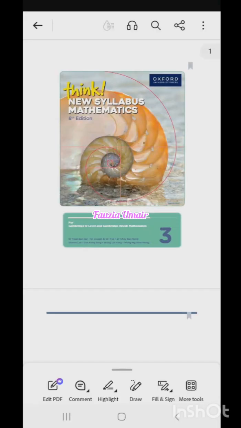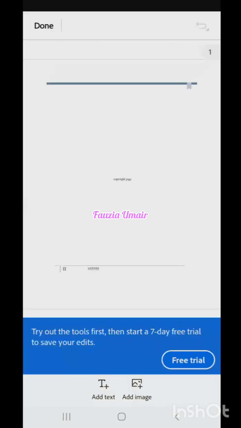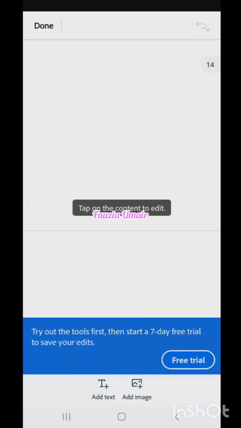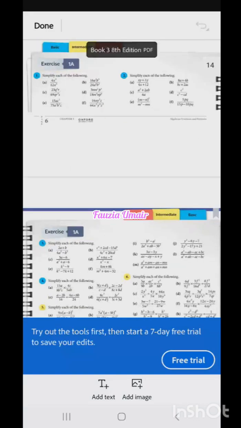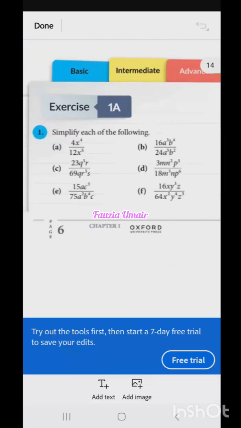Let's do some questions from the book first, okay? So exercise 1A. This is exercise 1A. Starting from very basic questions, we did it in class also, where the monomials are there and you just need to cancel them out by using the laws of indices we have learned in first term, right?